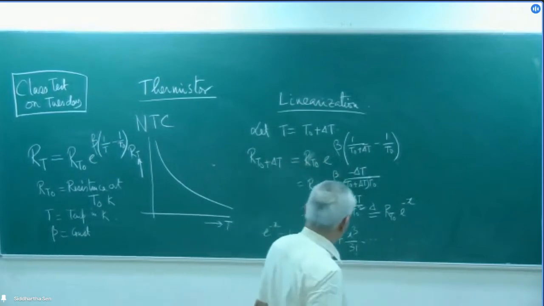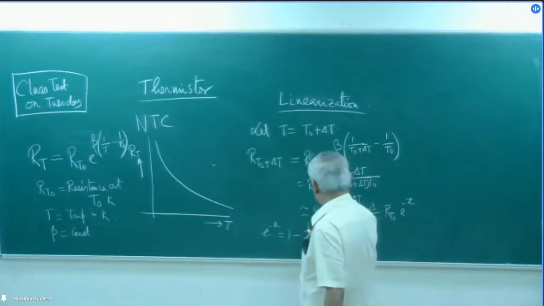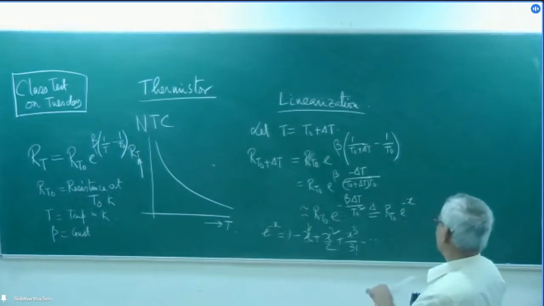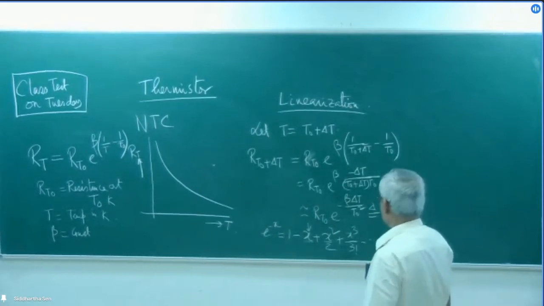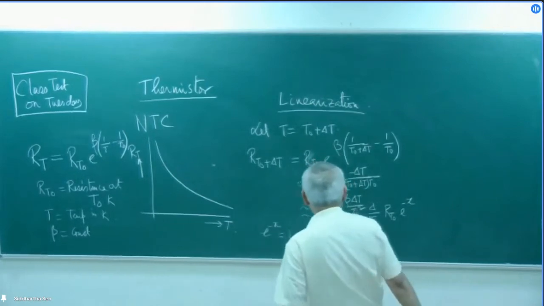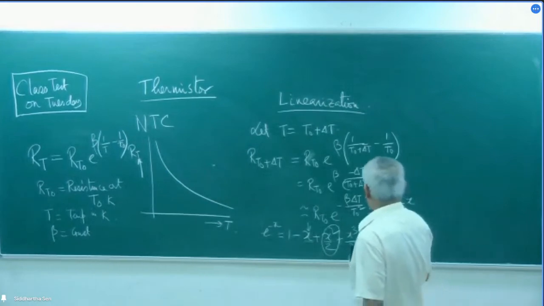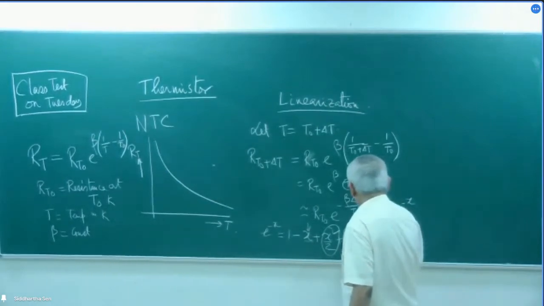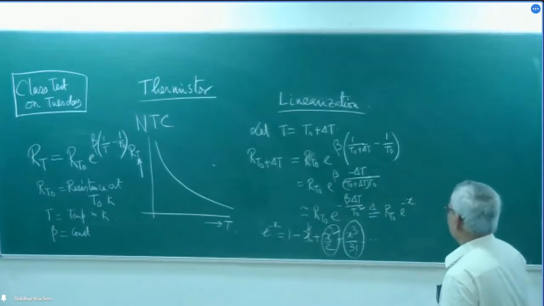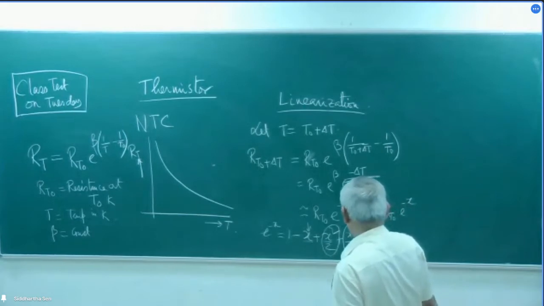The x term is changing linearly with x. The first non-linearity coming in is x square by 2, next is x cube by factorial 3, and in this way the non-linearity comes up.